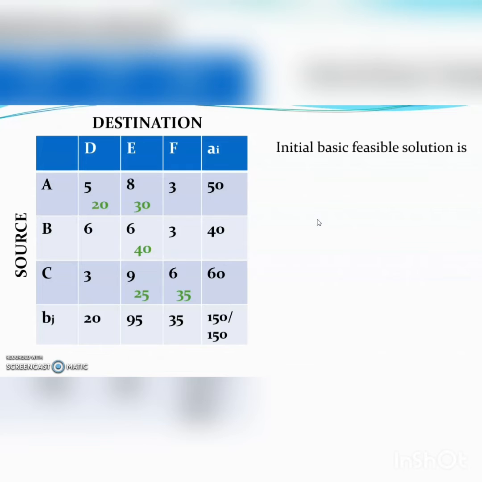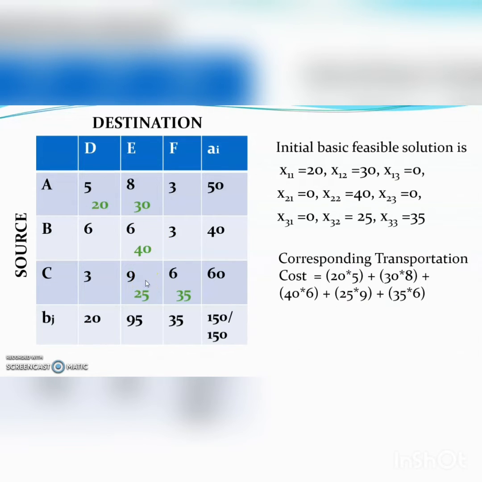So the initial basic feasible solution is x11 equal to 20, x12 equal to 30, x13 equal to 0, x21 equal to 0, x22 equal to 40, x23 equal to 0, x31 equal to 0, x32 equal to 25 and x33 equal to 35, and the corresponding transportation cost is rupees 1015.